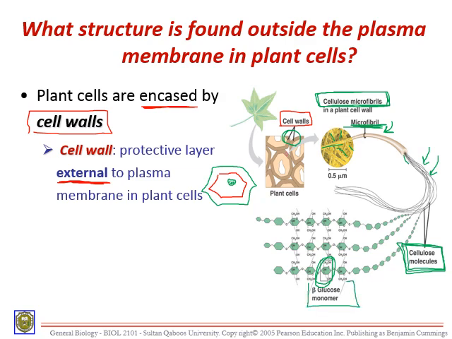Yes, it's the beta glucose monomer. Remember beta glucose and alpha glucose? Please link this to the unit on carbohydrates and refresh your memory about the difference between beta glucose and alpha glucose. So basically here we went from the bigger picture to the tiny one.